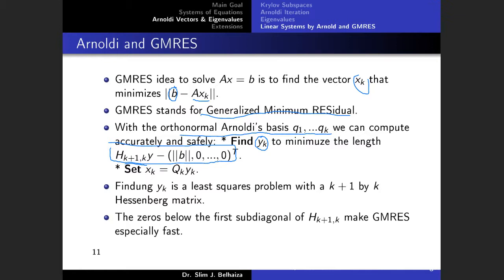So finding yk is a least squares problem, in fact. So we'll be minimizing the least squares distance from xk to the exact solution of the problem. And the zeros below the first subdiagonal of H, of this matrix we generate, hk plus 1k times y, make what we call the GMRES especially fast, because we are dealing with a sparse matrix.